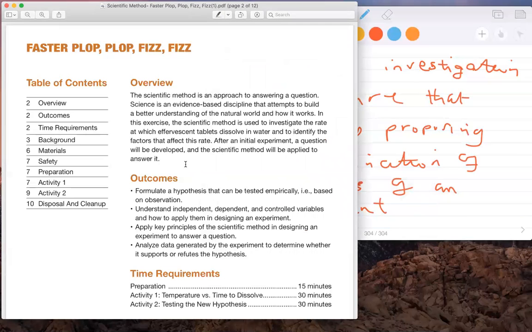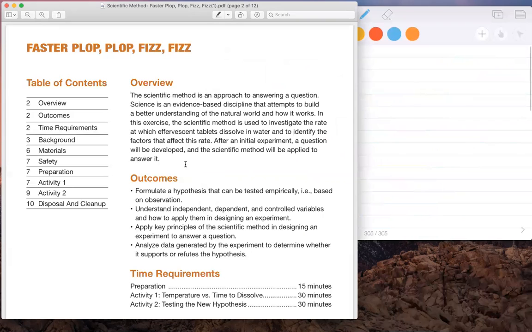a hypothesis. These are the terms you need to understand and define in your own words. When we say hypothesis, all right, this is an educated guess.